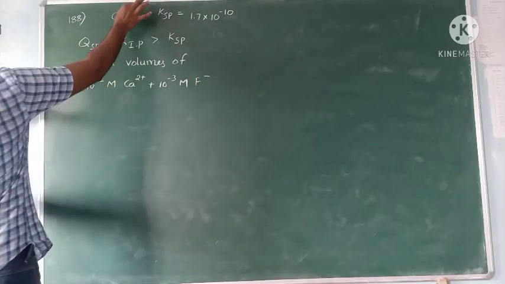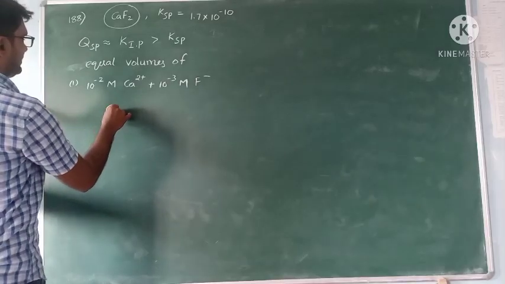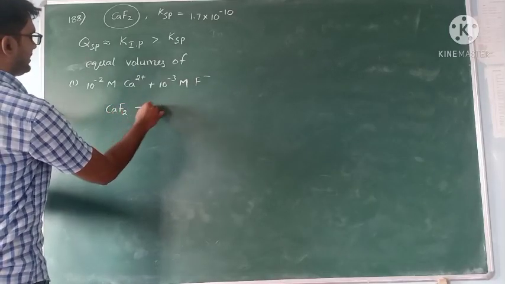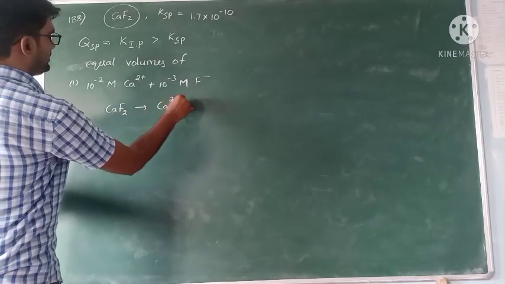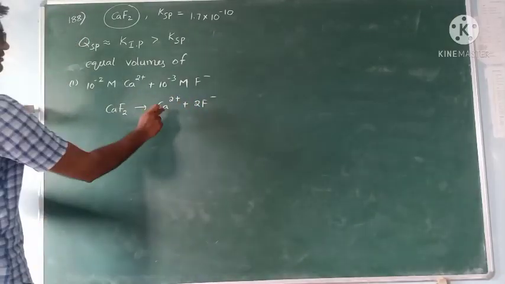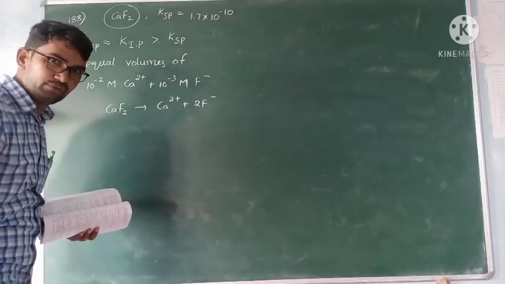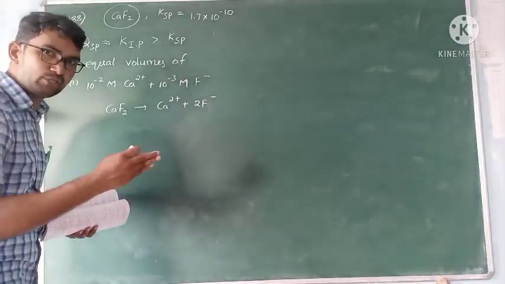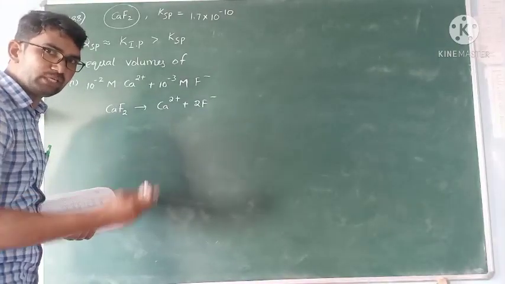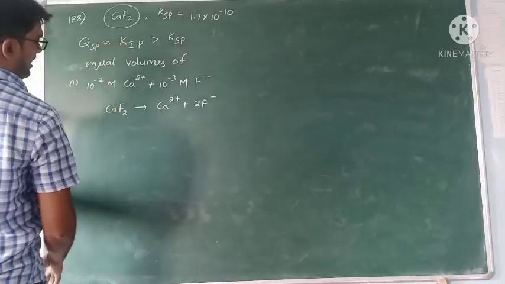So CaF2 is the given electrolyte or salt. How is it dissociated? CaF2 is dissociated as Ca2 plus and 2F minus. For this one, how can you know how to write the solubility product? We solved so many times AB model, AB2 model, A2B model, A2B3 model like that. But now how can you write the KIP value?